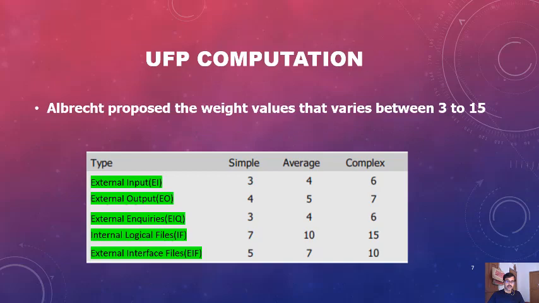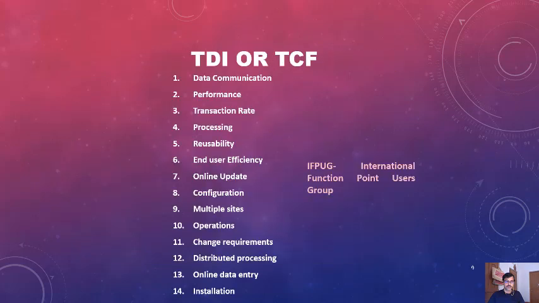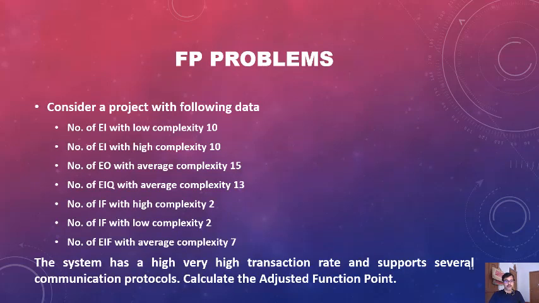External inputs with low complexity is equal to 10, external inputs with high complexity equal to 10, external outputs with average complexity is 15, external inquiries with average complexity is 13, internal logical files with high complexity is 2, internal logical files with low complexity is 2, external interface files with average complexity is 7. So here we have the items, the number of those items, and their respective complexity: low, high, or average.